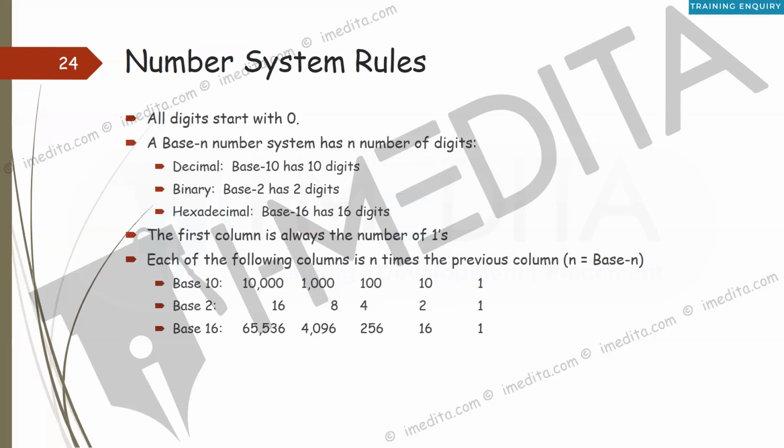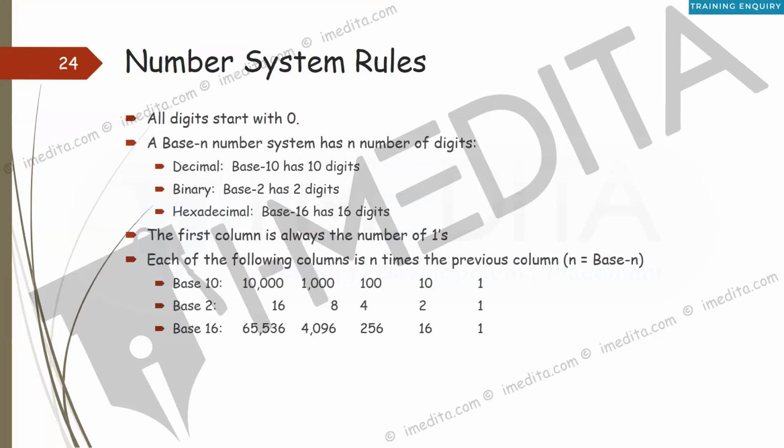But again, remember that every number system starts with 0. Binary starts with 0 and goes up to 1. In the binary number system, we have only 2 digits, 0 and 1. Whereas in the decimal number system, we have 10 digits from 0 through 9. And then you have the hexadecimal number system, where you have 16 digits from 0 through 15, ideally 0 through 9, and then A to F: A, B, C, D, E, F. That's the hexadecimal number system.